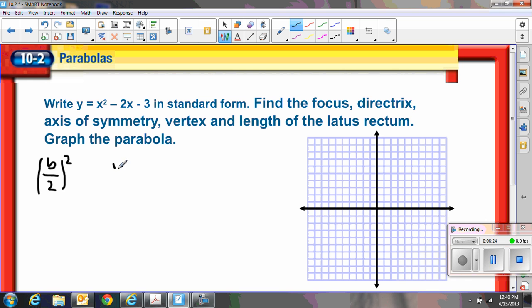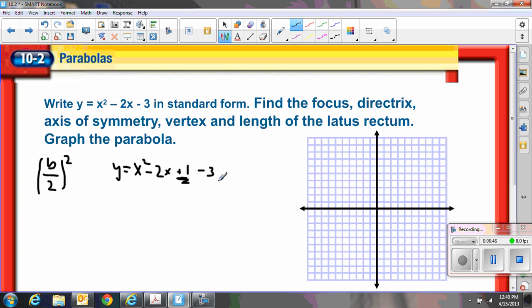So for this one, y equals x squared minus 2x. To complete the square, I take b, which is negative 2, divide by 2, which is negative 1, square it to get a positive 1. That's completing the square. Minus 3.